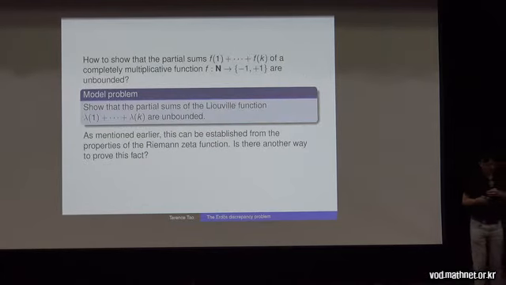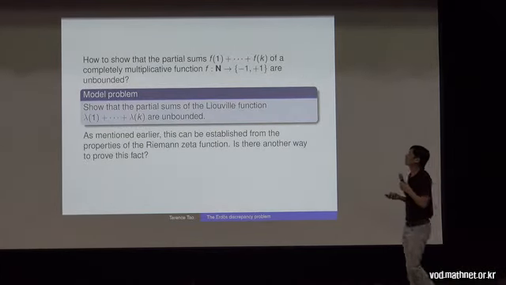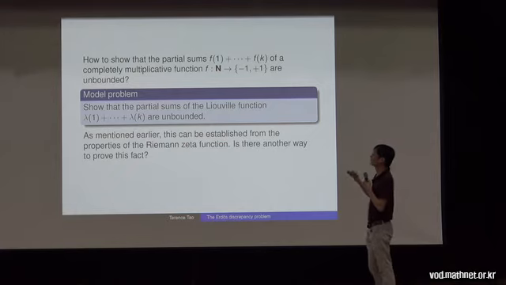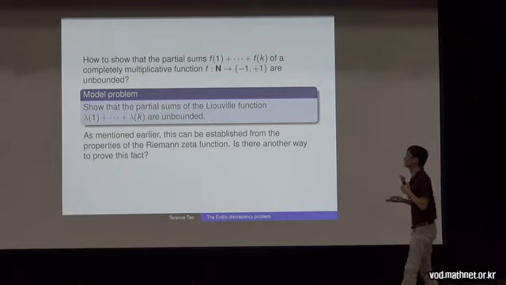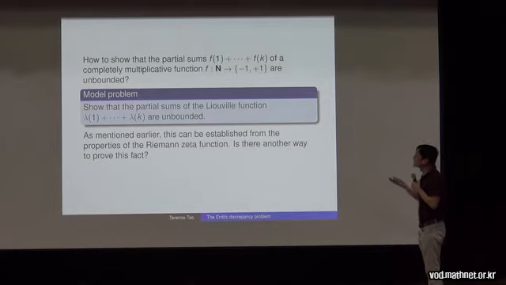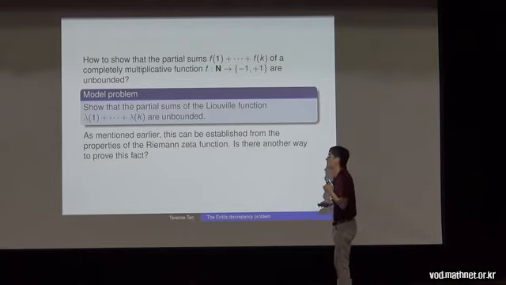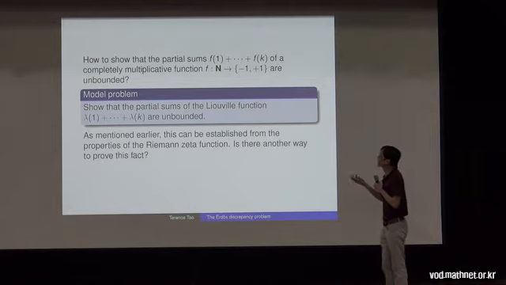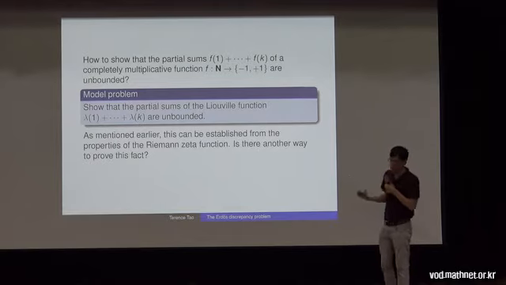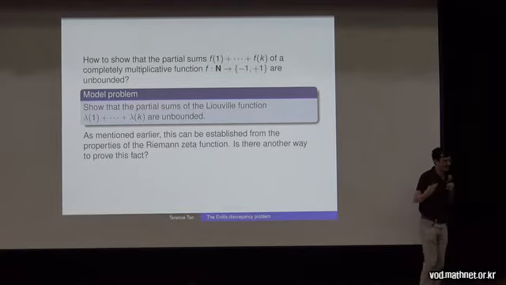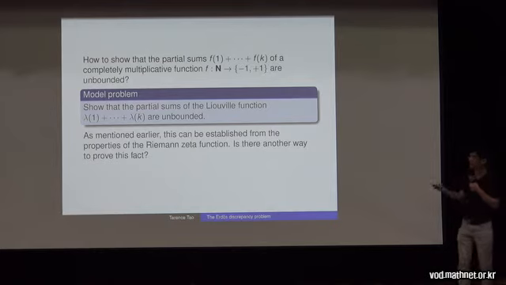Okay. So the model problem now is that you take a multiplicative function, such as the Liouville function, and the basic question is, can you show, for example, that the partial sums of the Liouville function are unbounded? So that is a basic model problem. Now, in this particular case, as we saw before, the answer is yes, because the Liouville function turns out to be connected to the Riemann zeta function, and you can use zeros of the Riemann zeta function to answer this question.